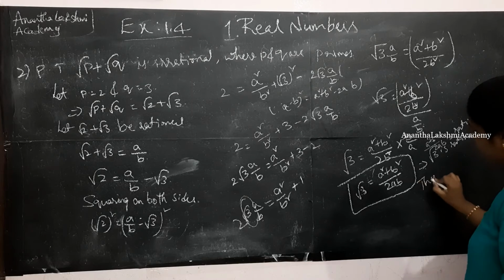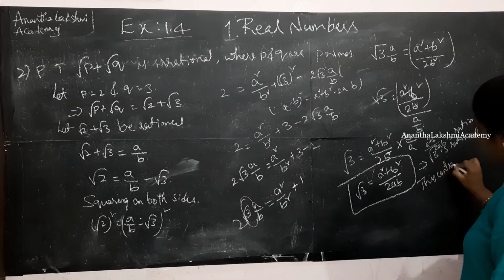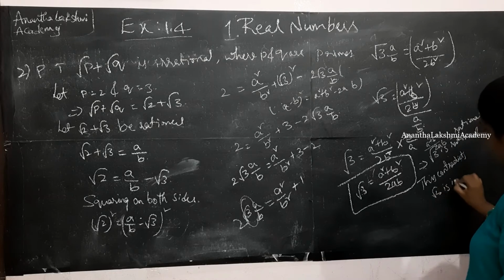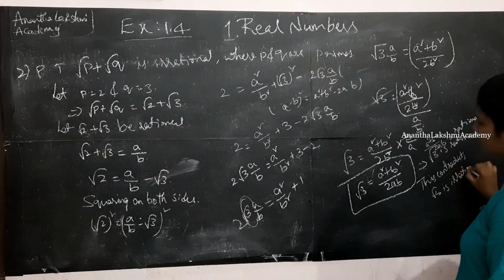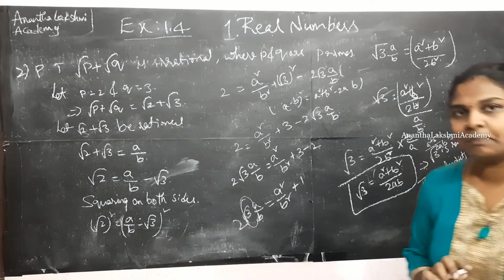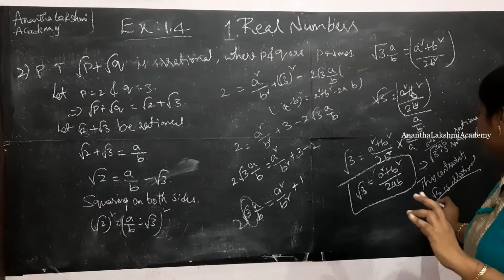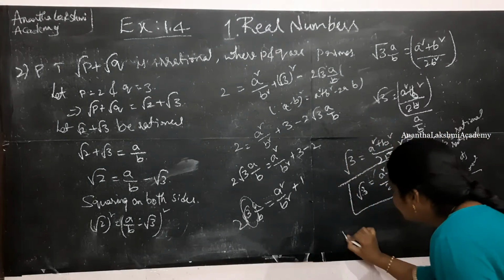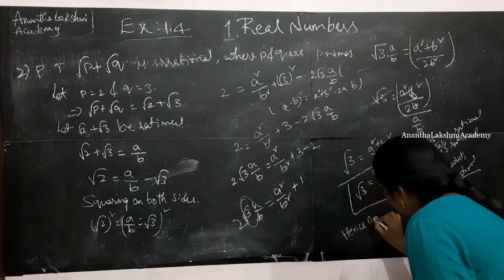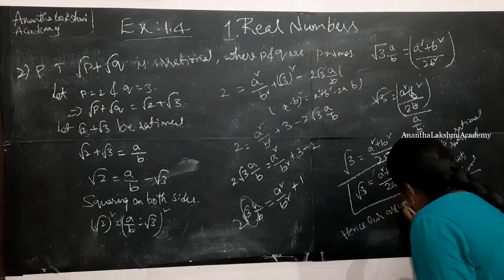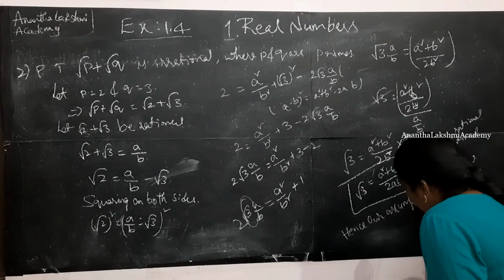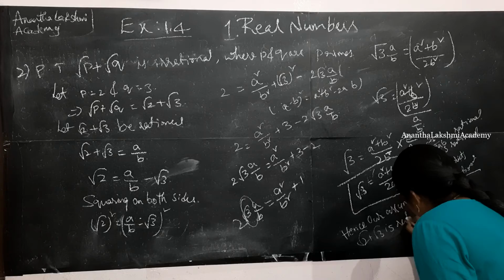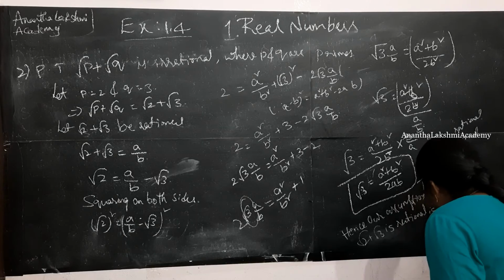This contradicts. What does this contradict? That root 3 is irrational. We have already proved that root 3 is irrational in our example problem. So when this contradicts the statement that root 3 is irrational, hence our assumption that root 2 plus root 3 is rational is false.